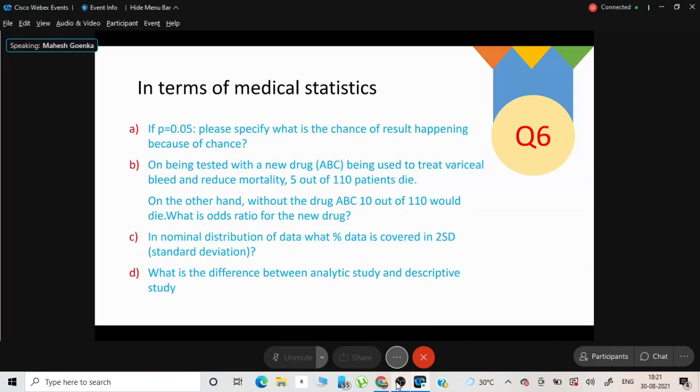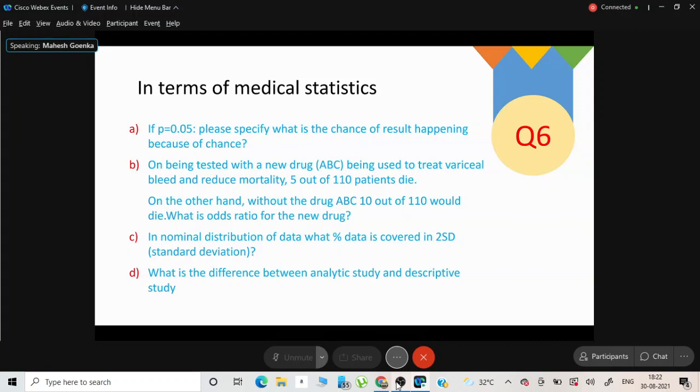Question number 6. In terms of medical statistics, first is if P is equal to 0.05, please specify what is the chance of the result from the study happening because of chance. On being tested with a new drug, say ABC, which is being used to treat variceal bleed and reduce mortality, 5 out of 110 patients die.